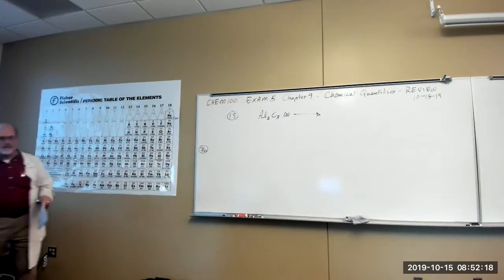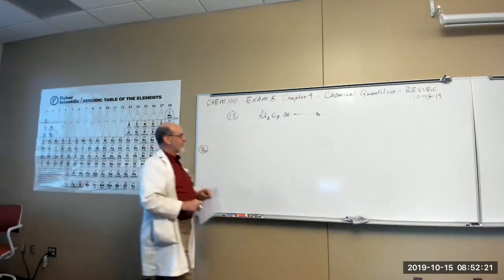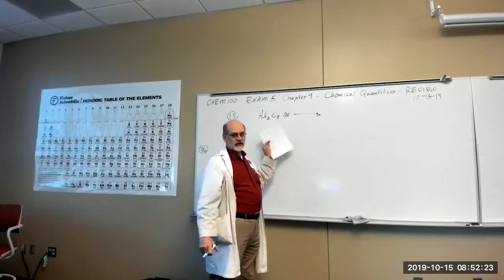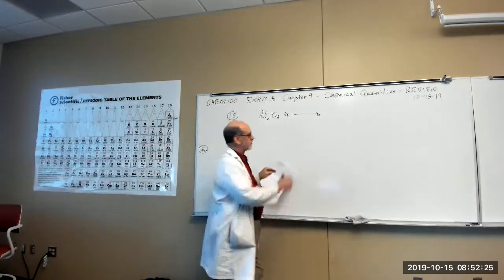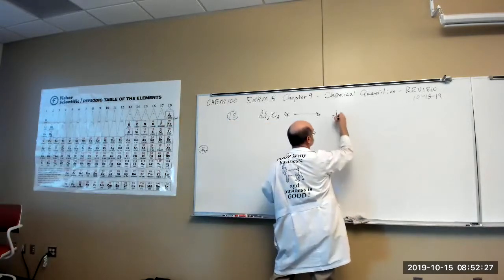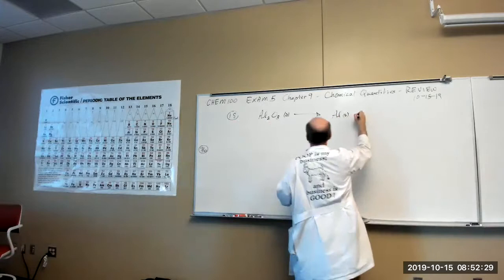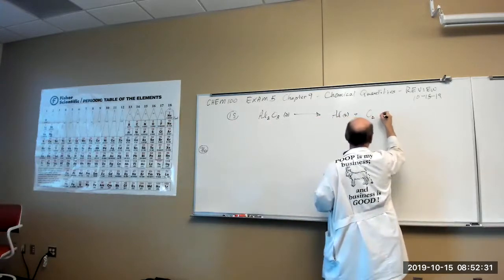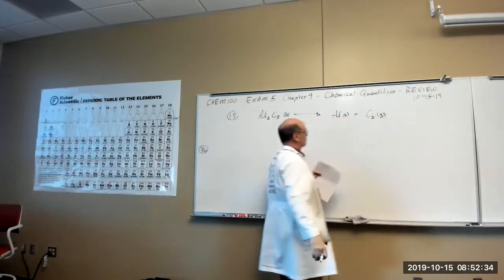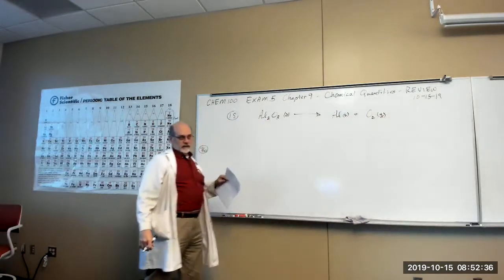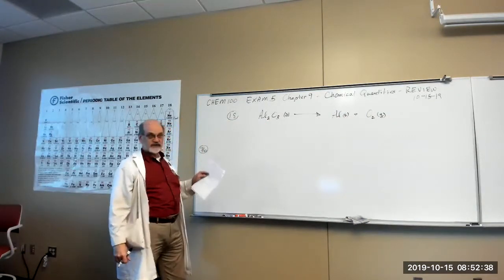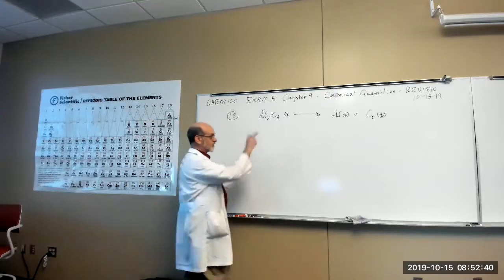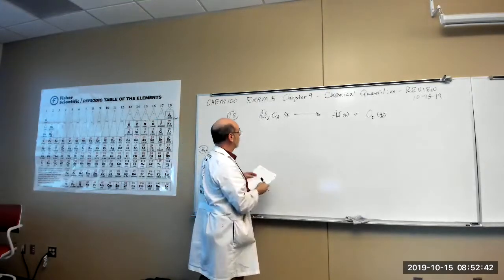So when you hear decomposition, and that's all you're given, assume that it's going to elements. So we're going to have aluminum plus oxygen, in standard state. That's the elements that will show up.